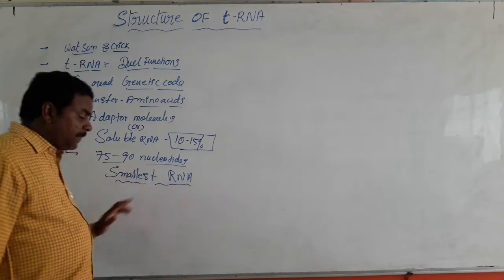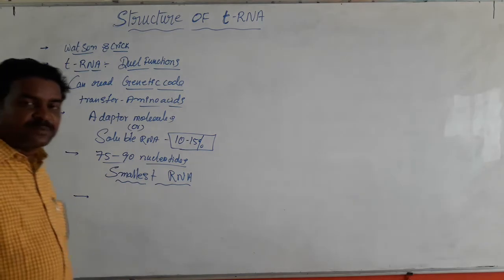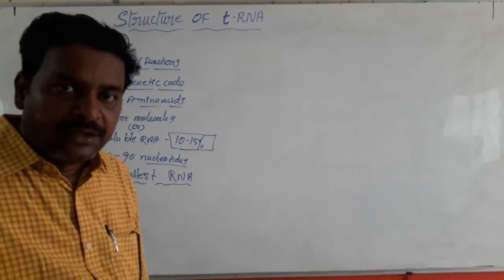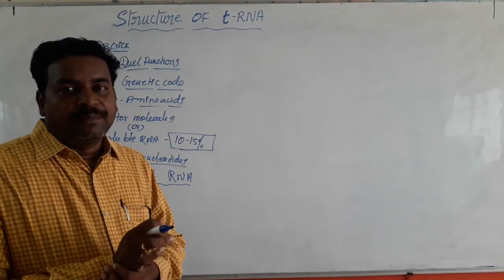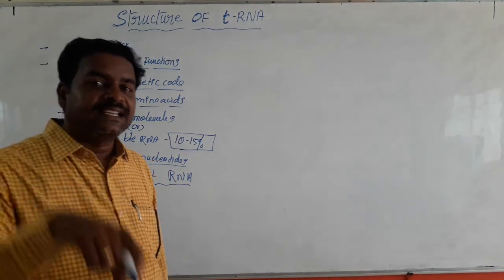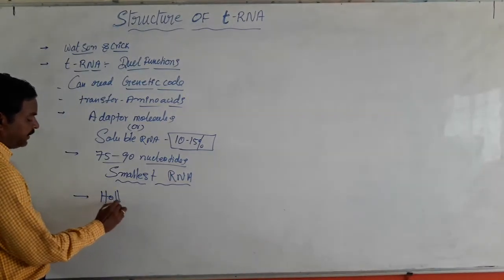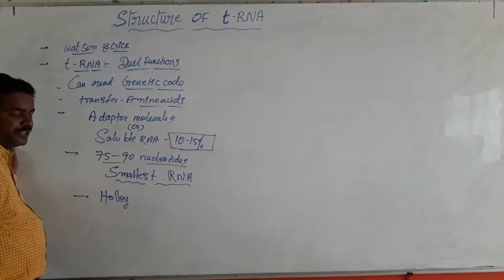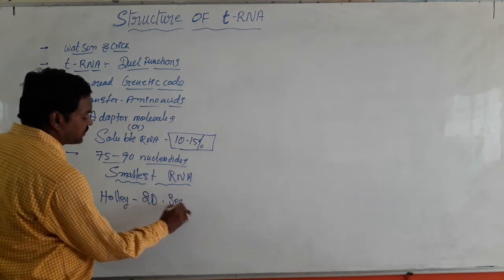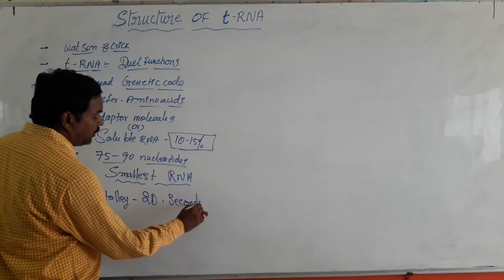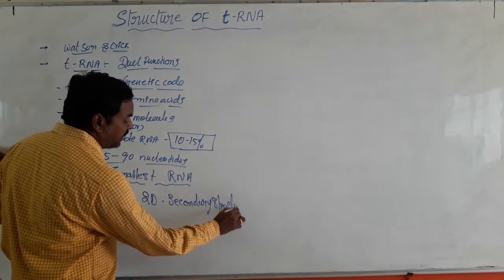To explain the structure of tRNA, scientist Holley proposed a two-dimensional secondary structure for tRNA.